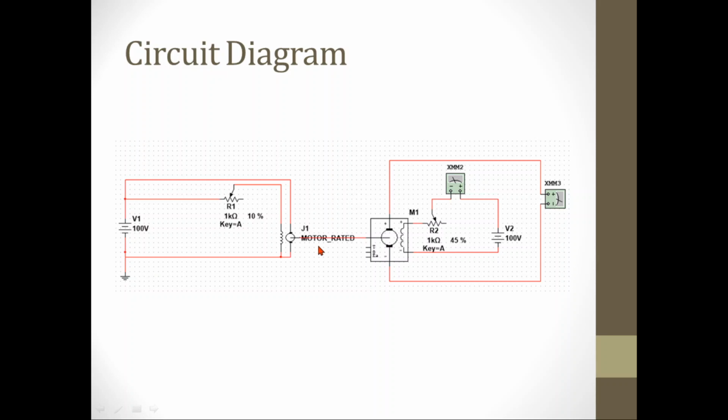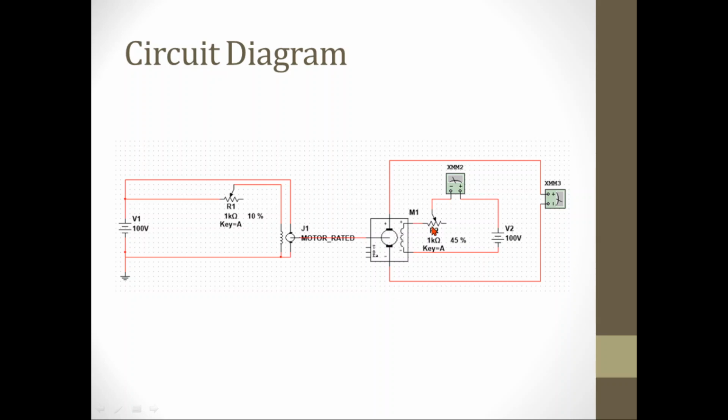The DC motor will provide the mechanical energy that is given as an input to the DC generator. The source of magnetism is given by the field winding, which is supplied by a separate DC source.